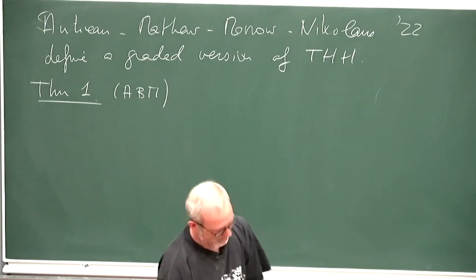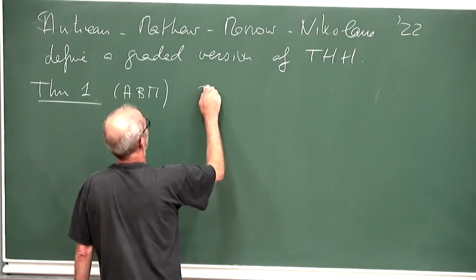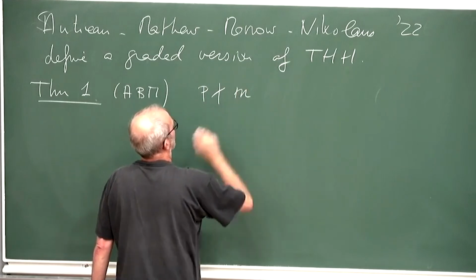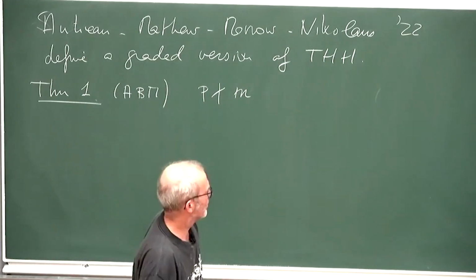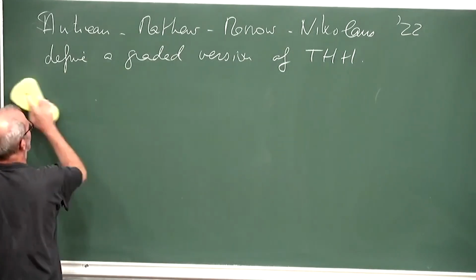So now we put ourselves in a kind of tamely ramified version. We assume that. Oh yeah, I forgot to say something first. I don't want to carry this notation.